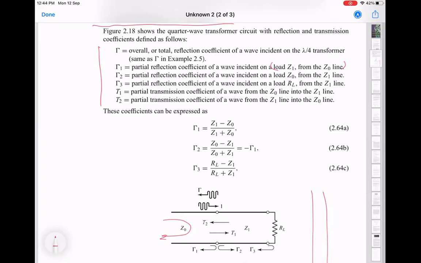He's calling it a load Z1, but it's actually a transmission line Z1, which is okay to be called a zone. So this gamma 1 is the reflection coefficient happening at this point, like shown here. And this is equal to just this value here, Z1 minus Z0 over Z1 plus Z0, because it's the impedance mismatch between those 2 transmission lines.